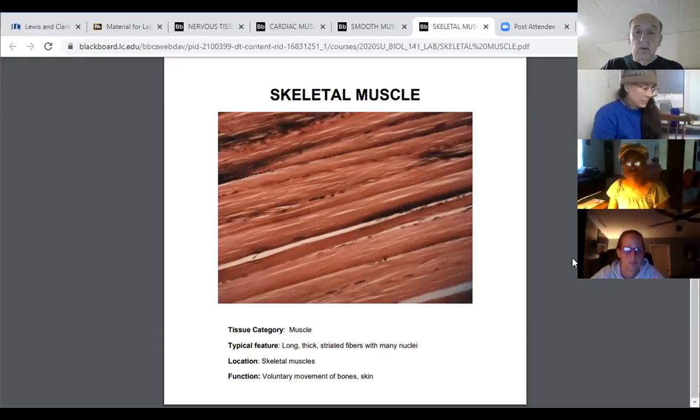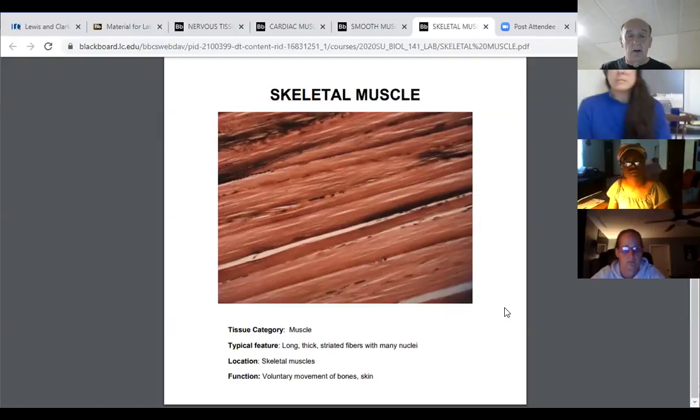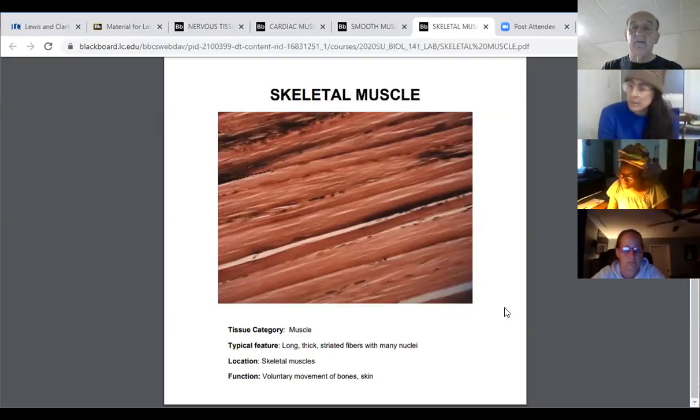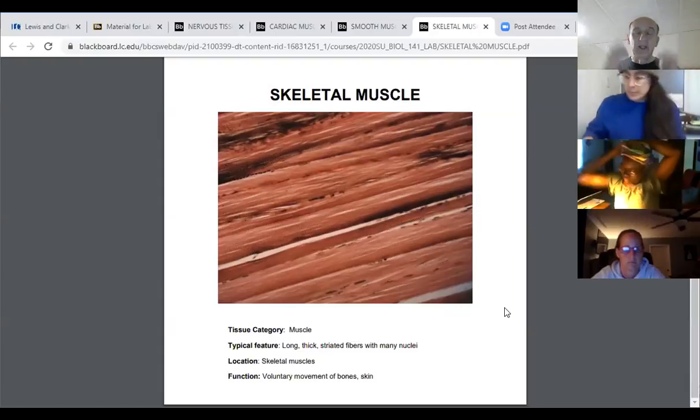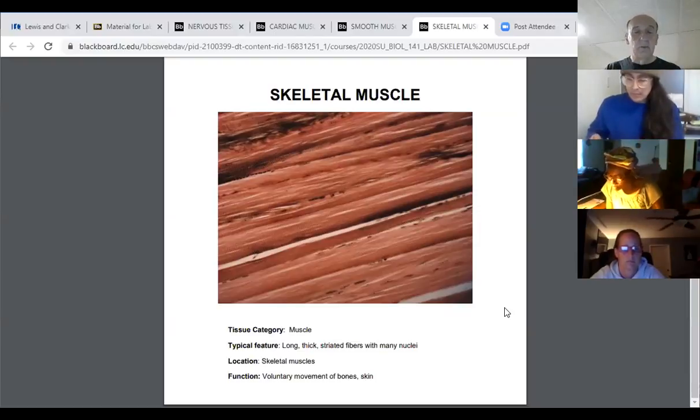So when you look at this tissue page, the location of this tissue is in skeletal muscles, and function is voluntary movement of bones and skin. In the muscle lab, we will talk about muscles of facial expression, and you'll see that we have a whole bunch of skeletal muscles that are moving the skin around our face, whether it's smiling, closing our eyes, raising the upper lip.